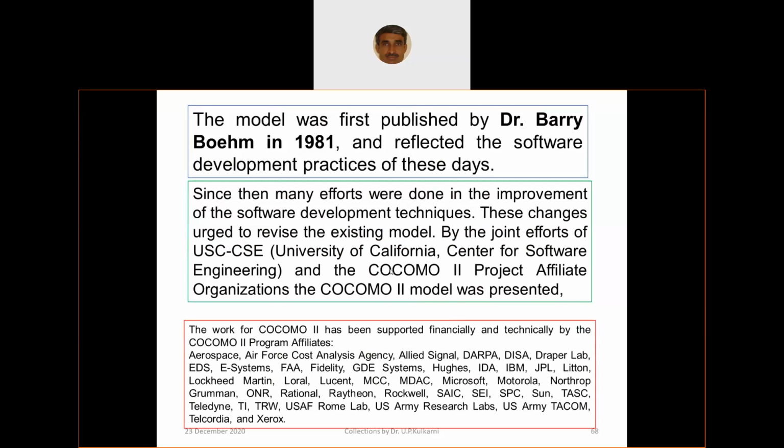Anyhow, in one more class we'll try to address this, and we'll continue until the session closes. This was developed by Dr. Barry Boehm in 1981 and reflects the software development practices of those days. We are not much interested in the story and other things.